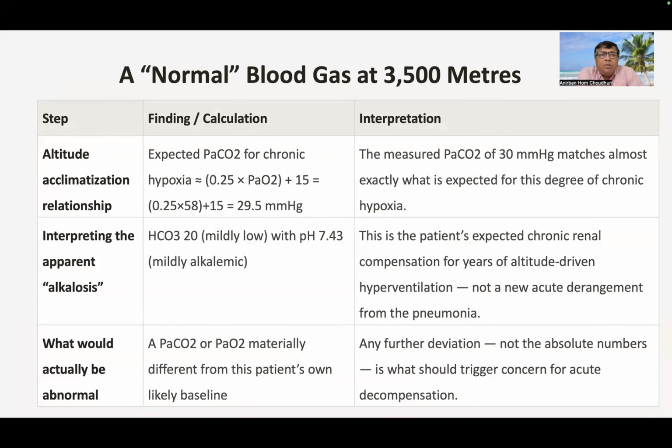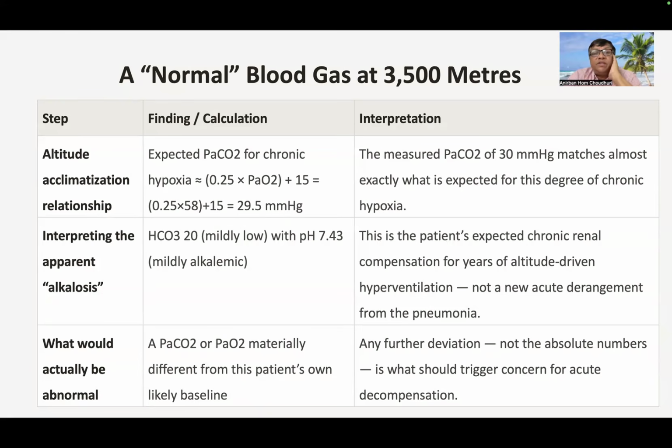Now, what is a normal blood gas at an elevation of 3,500 meters, from where the patient has come? The expected PCO2 for chronic hypoxia following altitude acclimatization relationship is 0.25 times PaO2 plus 15. If we take this forward as a thumb rule, then it is 29.5 millimeters of mercury.